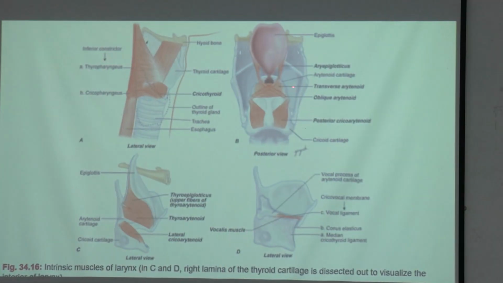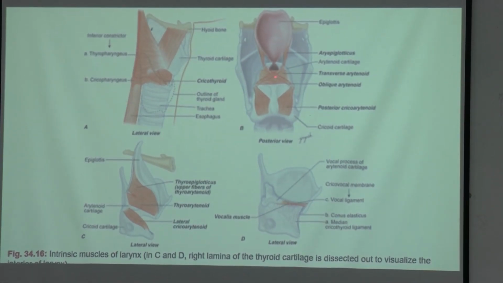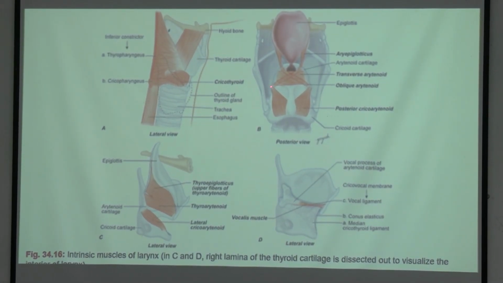Otherwise, we can find another muscle which is continued from one arytenoid to another arytenoid, the transverse arytenoid, and another muscle from the muscular process of one arytenoid to the apex of the other arytenoid, called the oblique arytenoid.